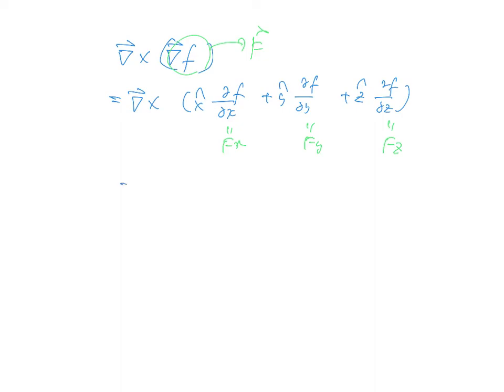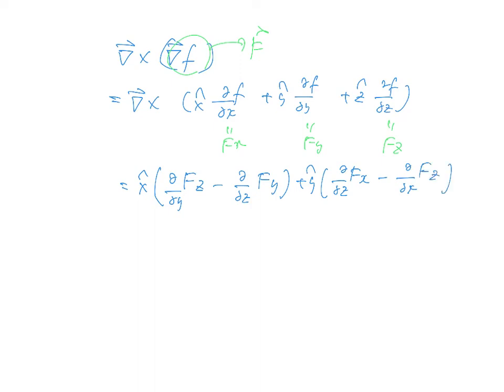So you can say the x component is partial y of fz minus partial z of fy, plus the y component is partial z of fx minus partial x of fz, plus the z component is partial x of fy minus partial y of fx. Correct?